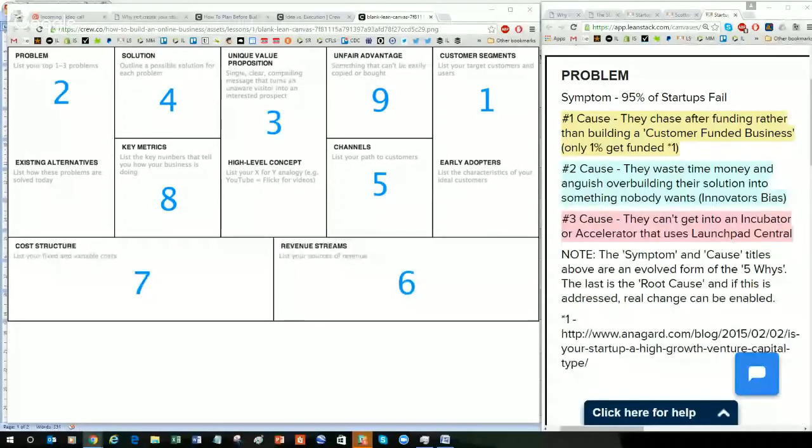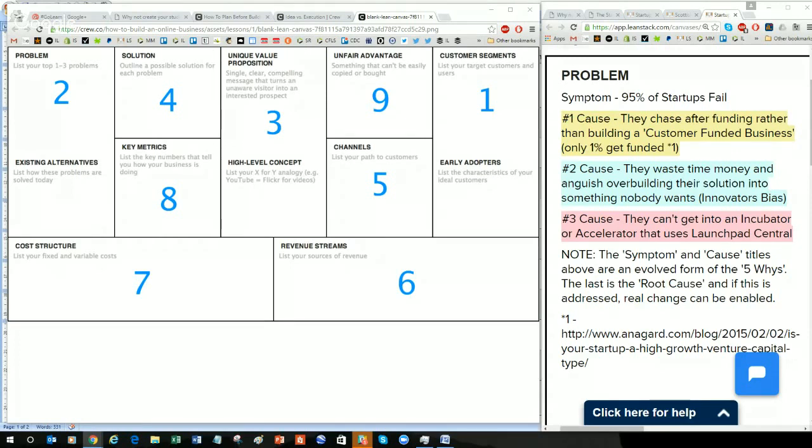Yeah, actually, I'm going to use screen share again, because I did prepare one, and this is based on our thinking for the startup race. So on the right-hand side here, we've done this for startup founders. So the stats are not very good. 95% of startups fail. That essentially is a symptom.